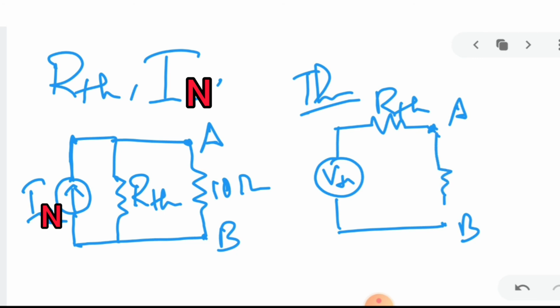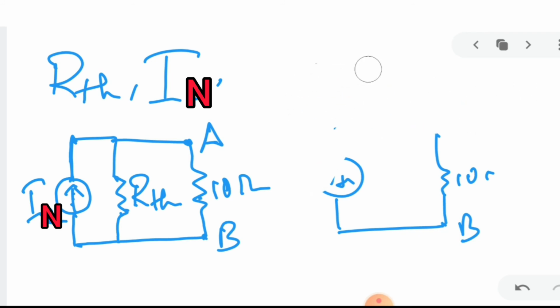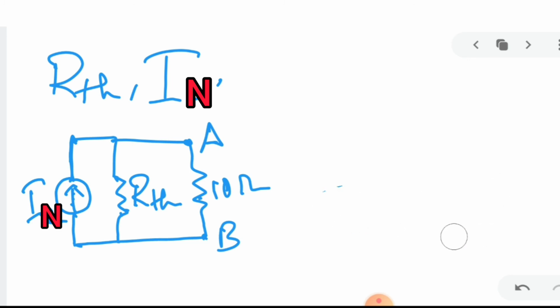So in Norton's, the final equivalent circuit is like this: IN, with RTH in parallel with IN, and whatever is given in the question, here 10 ohm. So I am erasing this Thevenin's. Okay, so here is the final equivalent circuit.